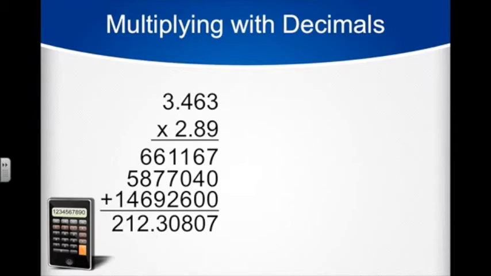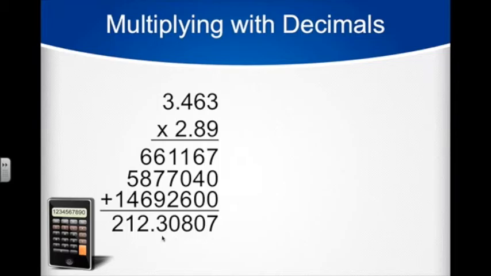This gives us our final answer, 212.30807. If we look at the place values, we have tenths, hundredths, thousandths, ten thousandths, hundred thousandths.